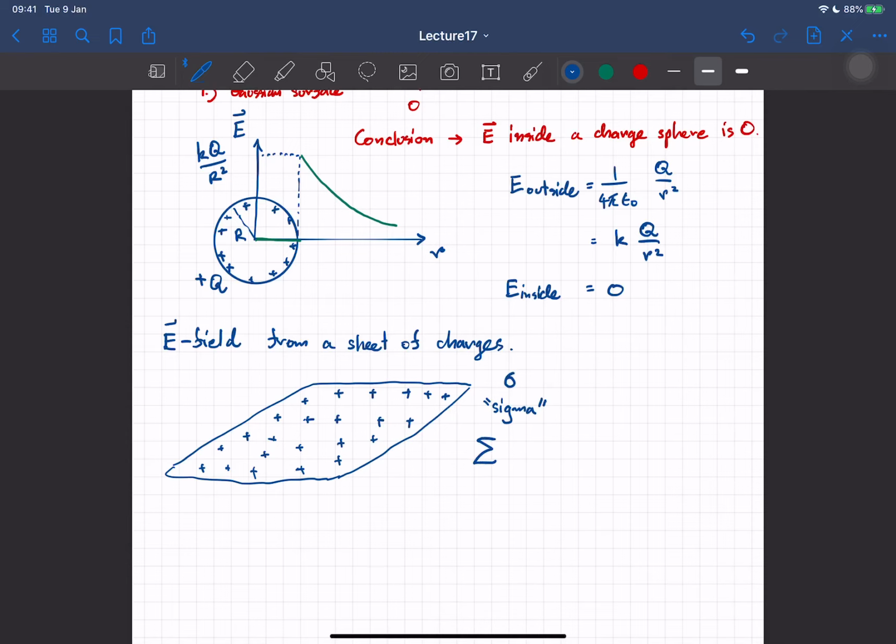You're probably used to the uppercase sigma, which we use for summation, and in physics sometimes we use this small sigma as something related to area. It looks like the number 6, but it's not, so be careful. This sigma is the charge per area, so this is called the area charge density.